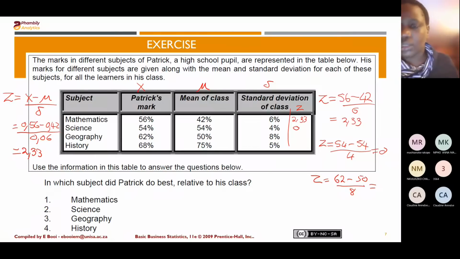So how do we get 62 minus 50 equals, divide by 8, and we get 1.5. So for this one, it will be 1.5.